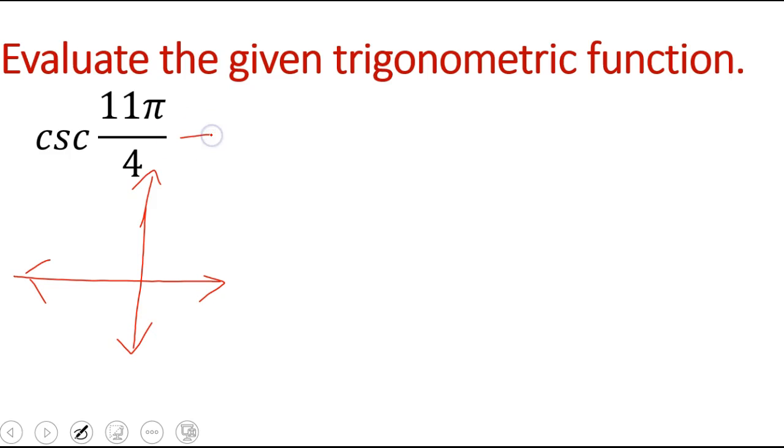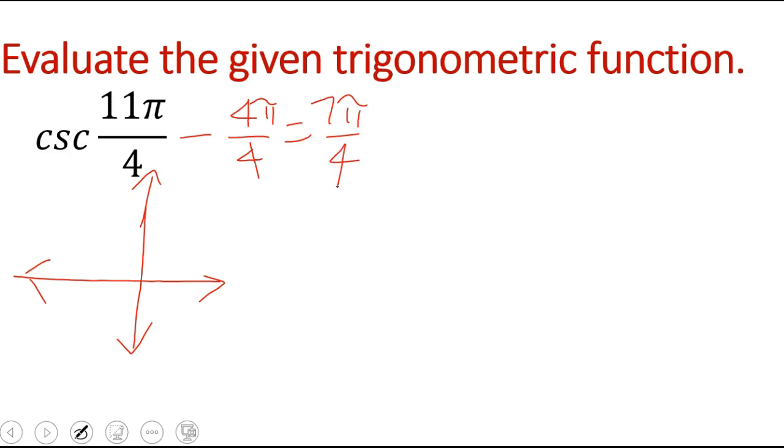If we take away 4 pi over 4, that will give us 1 pi. So if you take away 1 pi, which is 4 over 4 pi, we get 7 pi over 4 left.